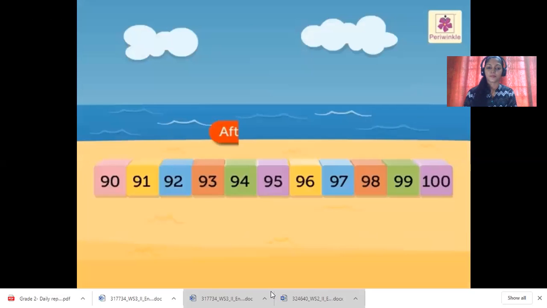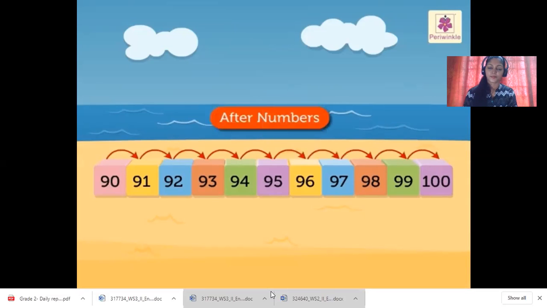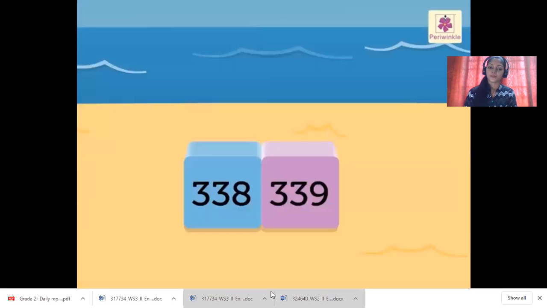Now, let us revise after numbers. When we count forward from a given number, we get the numbers after. Hey, where is the ball? It is on number 338.